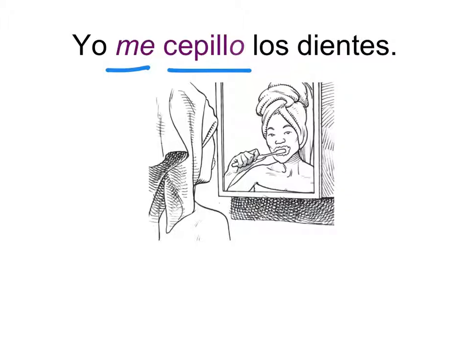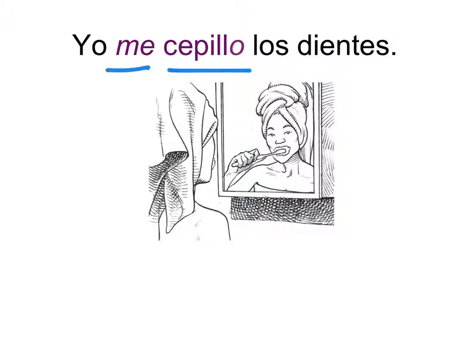The action is reflected back on you. But again, I have to brush my kids' teeth, so I would say cepillo los dientes de mis hijos. No? Make it non-reflexive. So me can be a pronoun that's reflexive, indirect, or direct. It has the flexibility to do anything that's done to me.